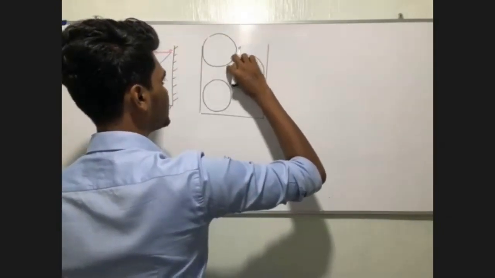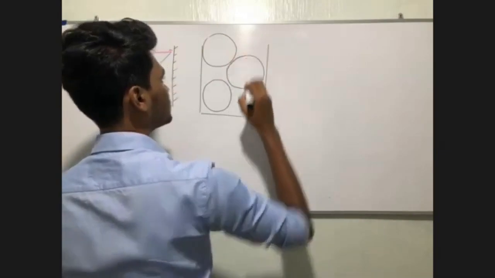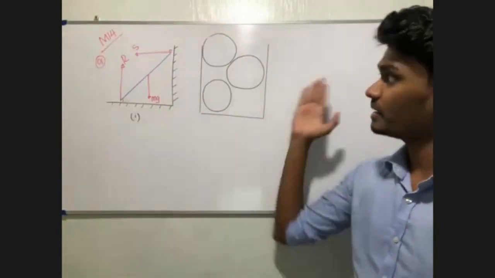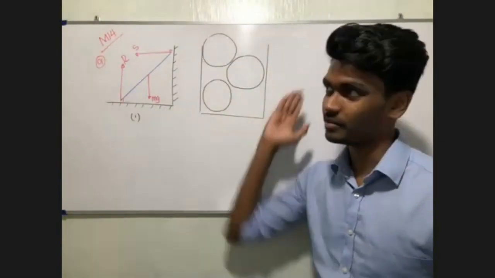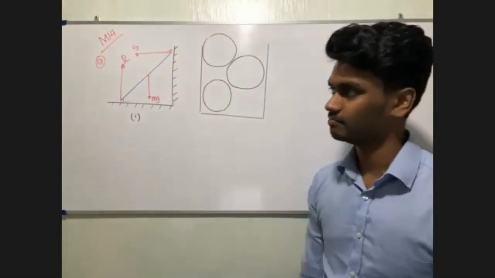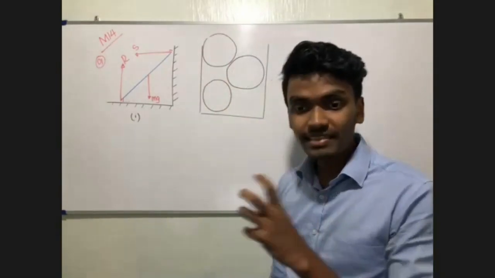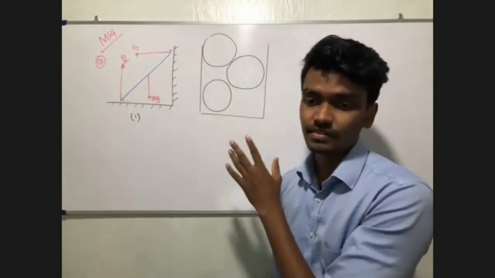We need to draw such that it doesn't have contact surfaces. Do not worry about the symmetry, right? Just assume it's a symmetric figure. These are three spheres. Let's assume three spheres.